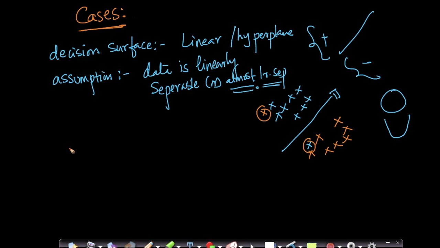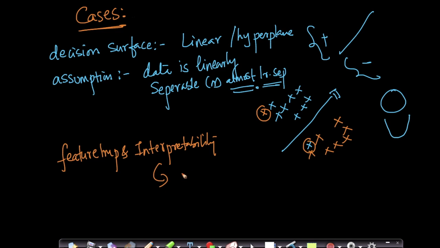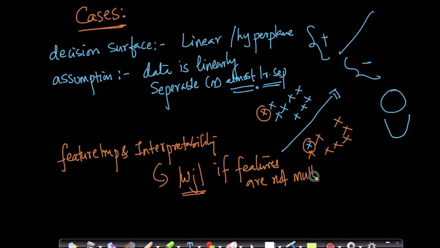The next thing is, of course, how do we do feature importance and model interpretability? We saw in one of the feature videos that we can use the absolute value of Wj for feature importance if features are not multicollinear, right?